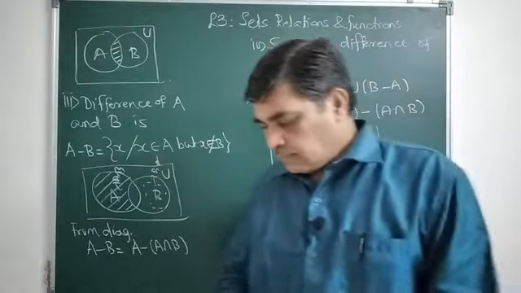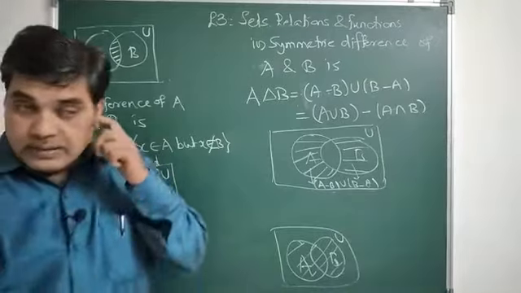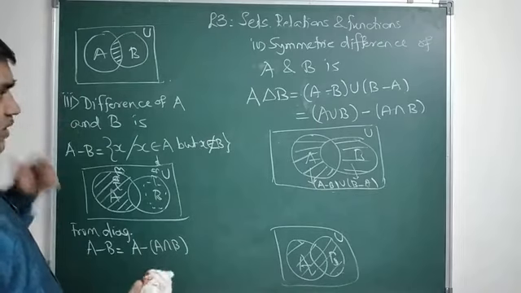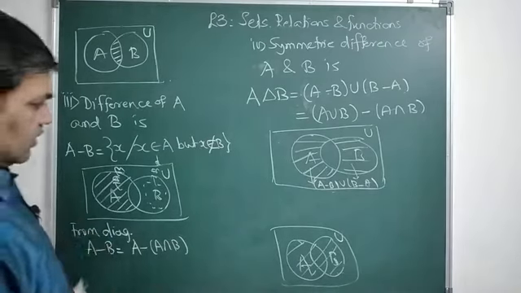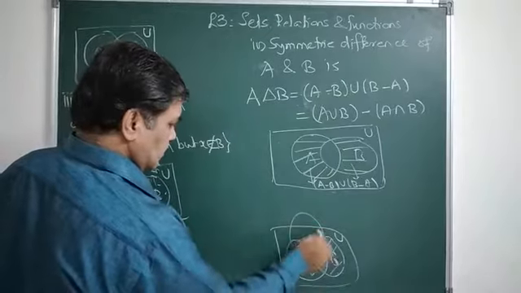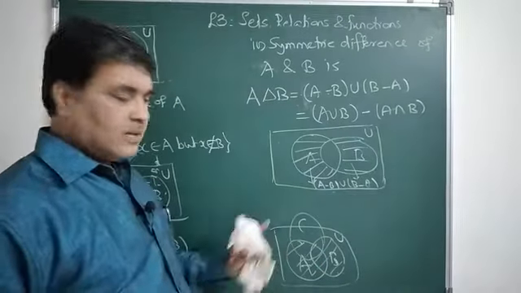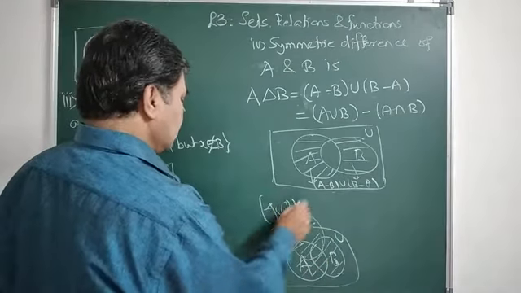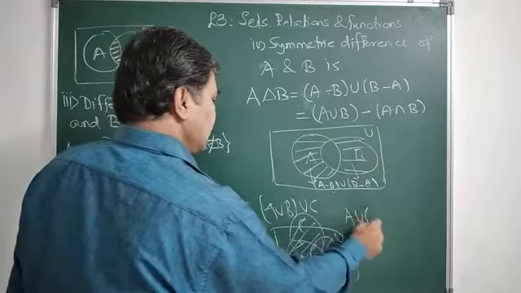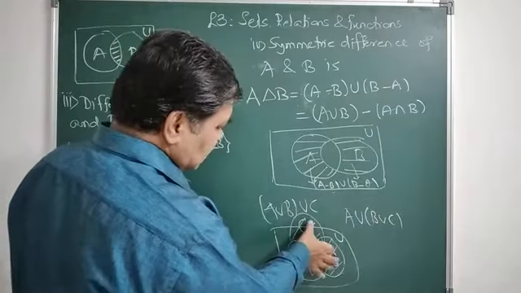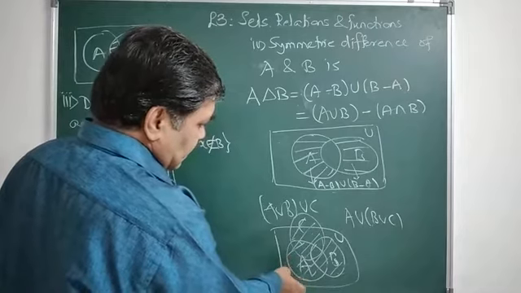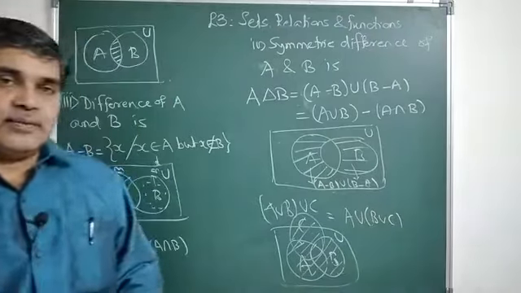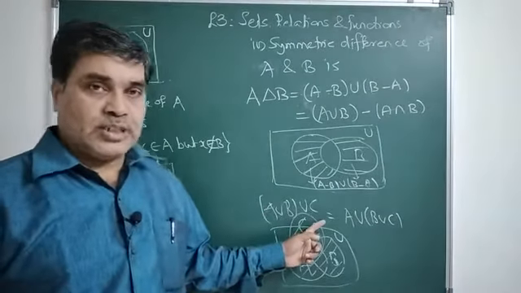One more thing about these operations. If I take a third set, say C set, and if I take union of those three sets, A union B union C, and if somebody takes A union B union C first, so B union C will be this part union A. So these two sides are equal, means union operation is associative.